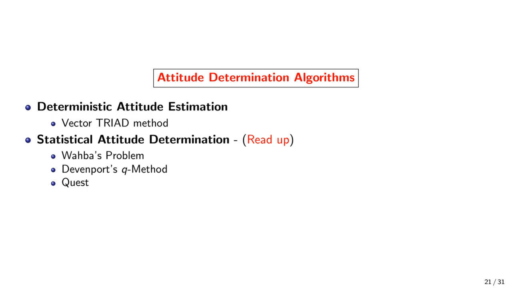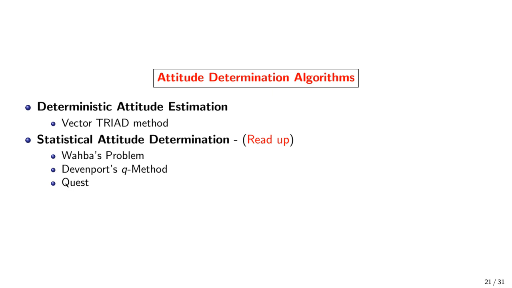So we assume 3 vectors, and then we use the 3 vectors in building our algorithm. Okay? That's the triad method.